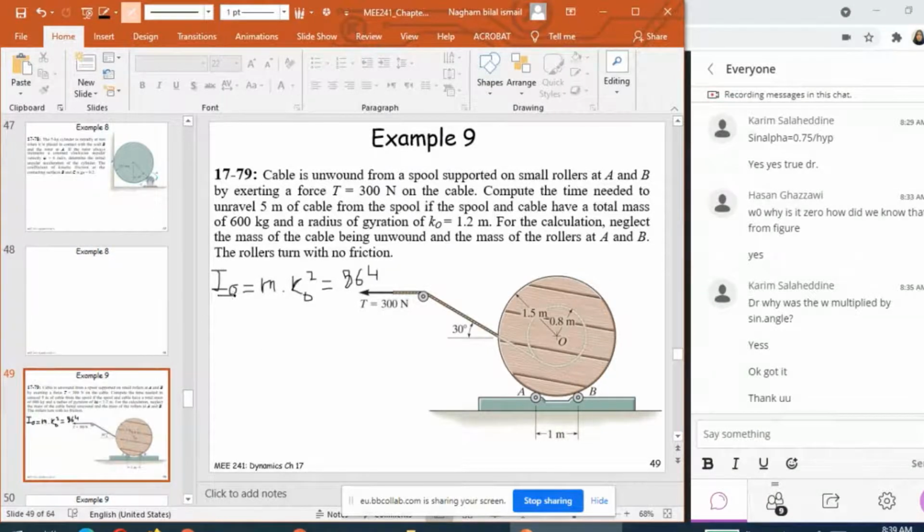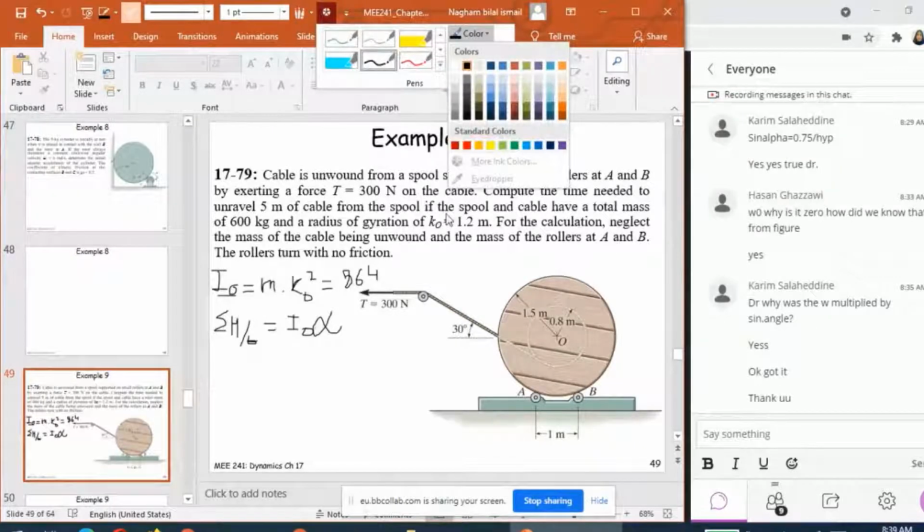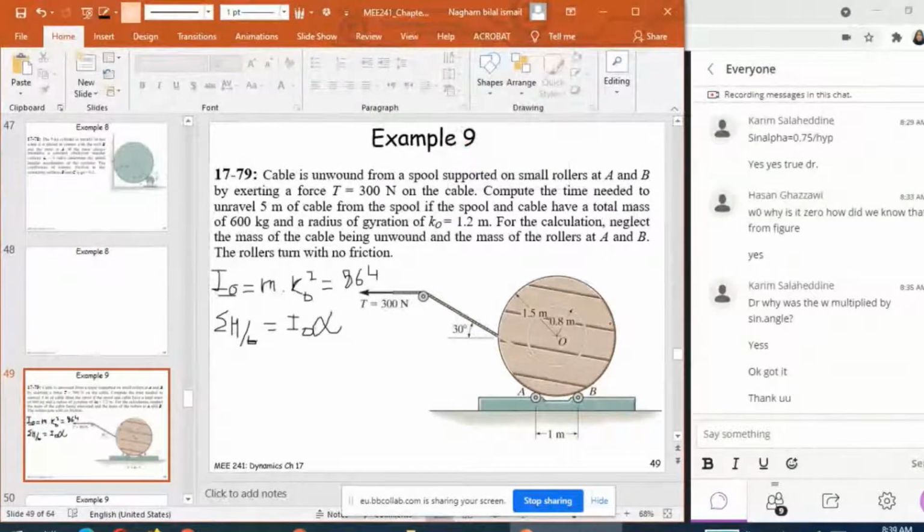So this is IO. If I know IO, let's try to find out if this equation can help me. The sum of moments around O is equal to IO times alpha. Now, what are the forces exerted on this disk? I need to show the free body diagram because I need to find their moments.